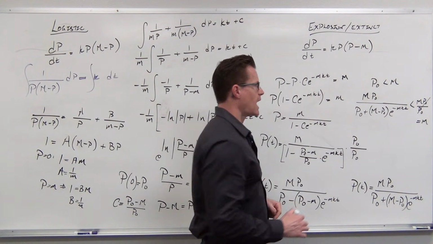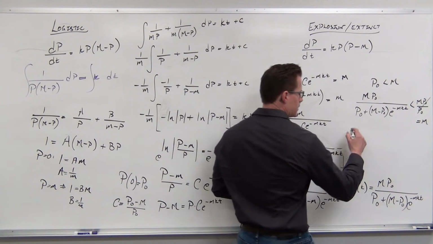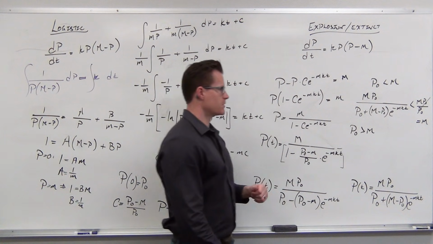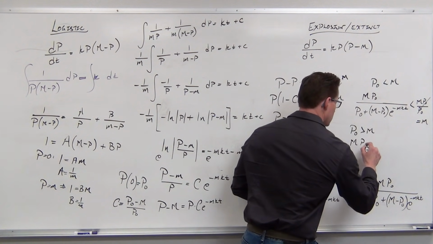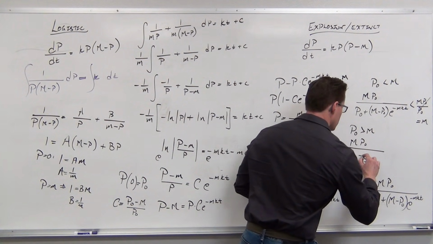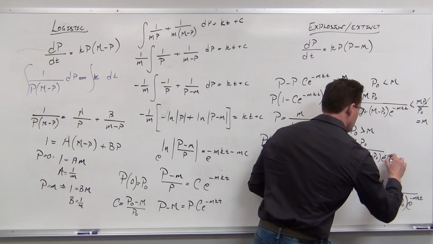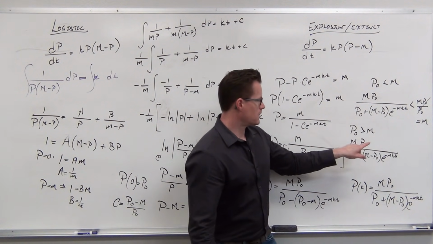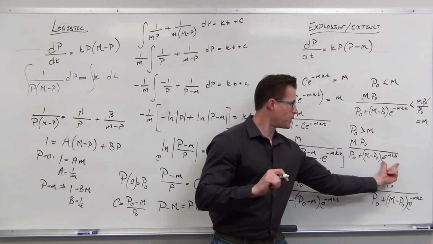Now, what would happen in another case? What if your p sub 0 initial population is greater than m? If this number's bigger than this number, remember that this is positive.